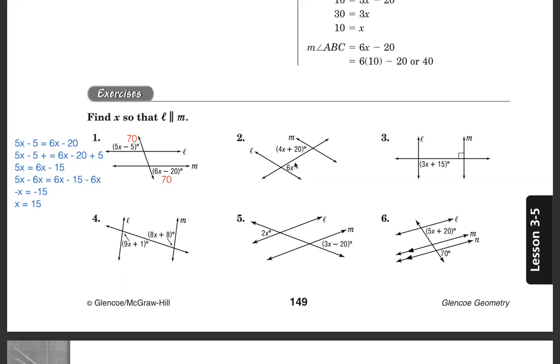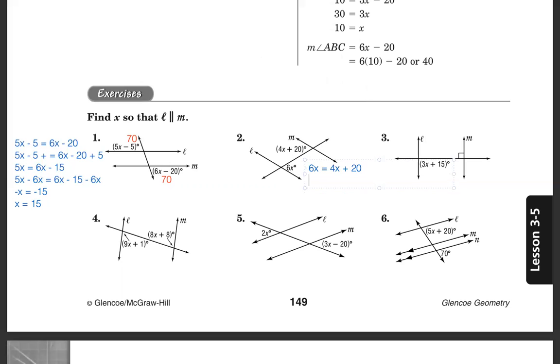Both are interior and on the opposite sides of the transversal. Therefore, they are alternate interior angles, and so they have to be equal. Alternate interior angles must be equal. So we say 6x equals 4x plus 20.